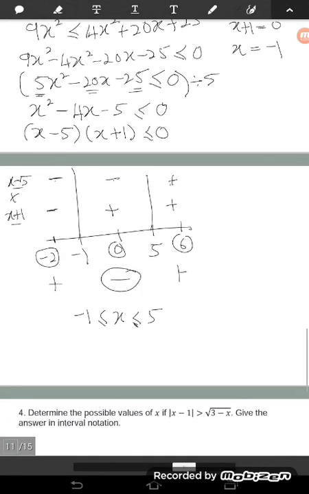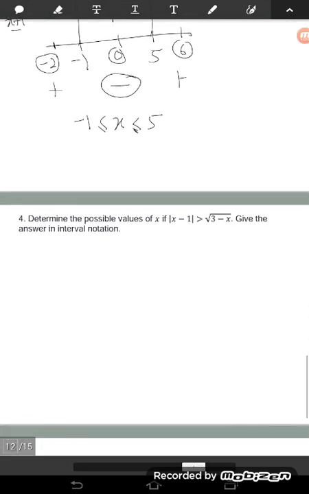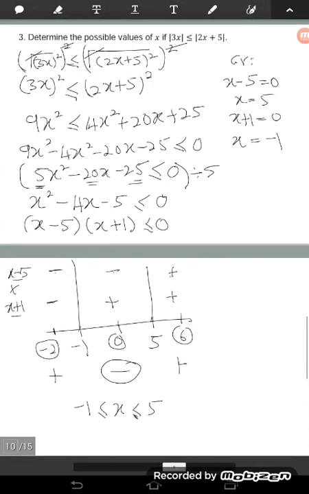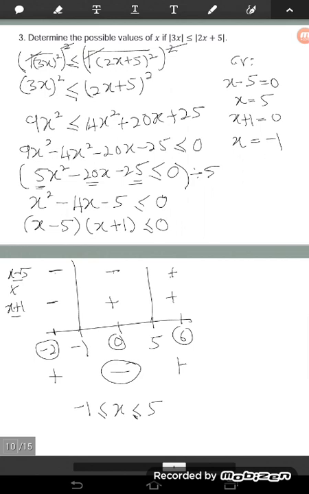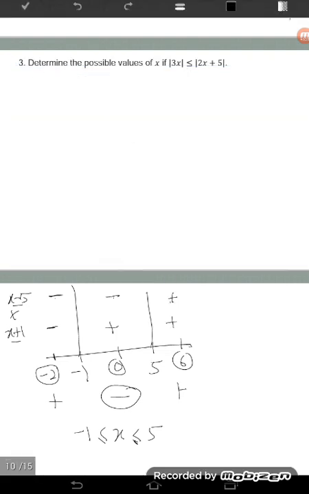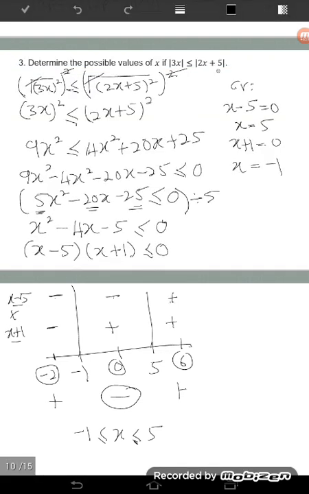Okay, so next, another example. Okay, so yang ni tadi kenapa kena draw sebelum tu ni, kenapa kena draw interval table? So sebab daripada absolute value dia jadi, okay, so from absolute value become quadratic.